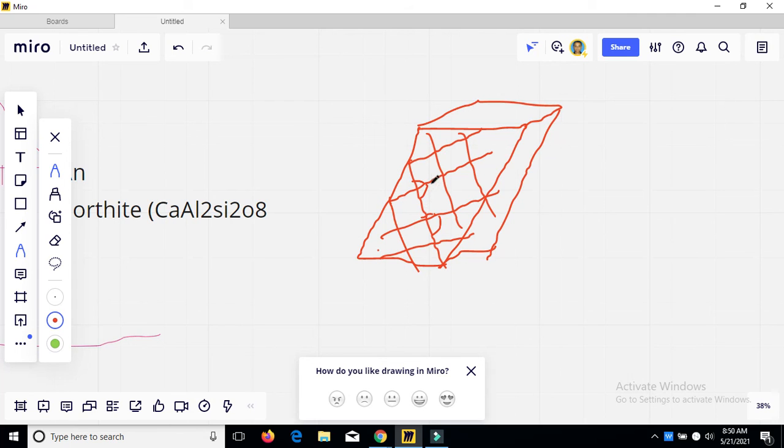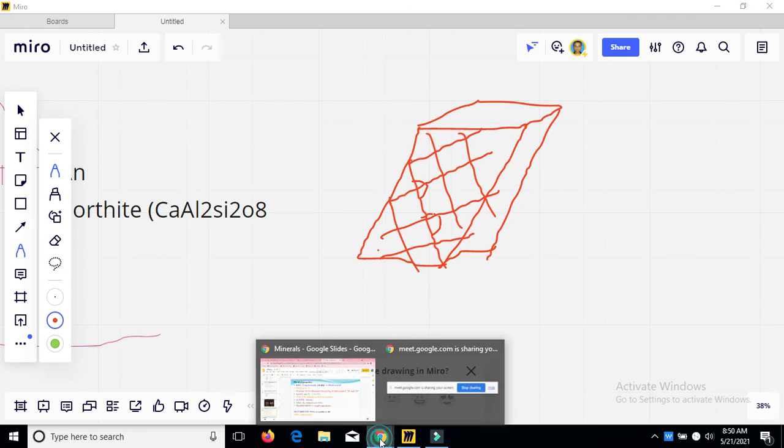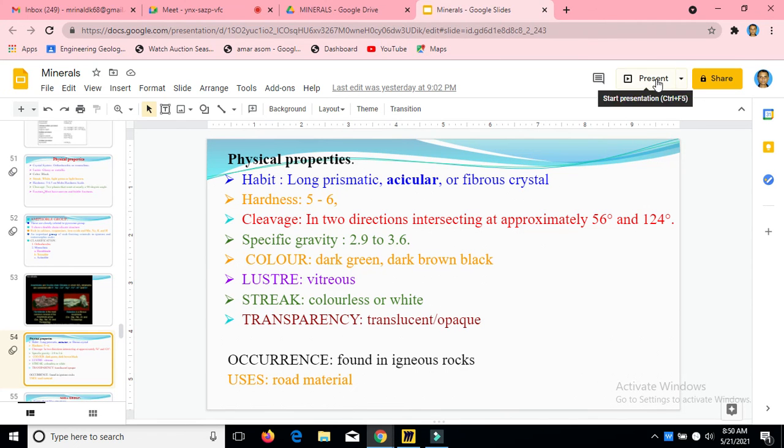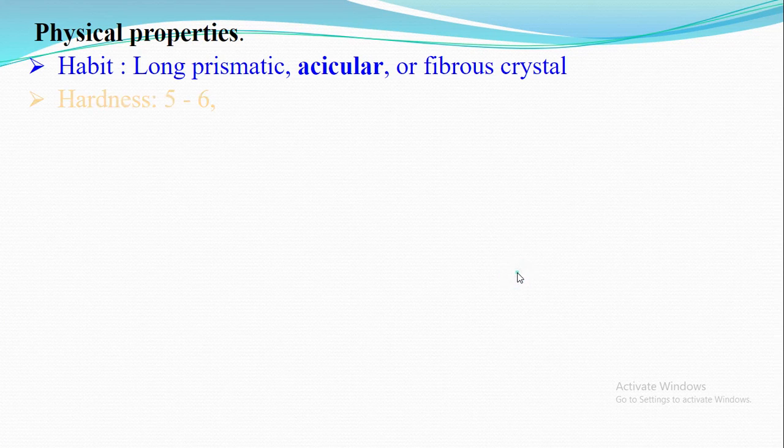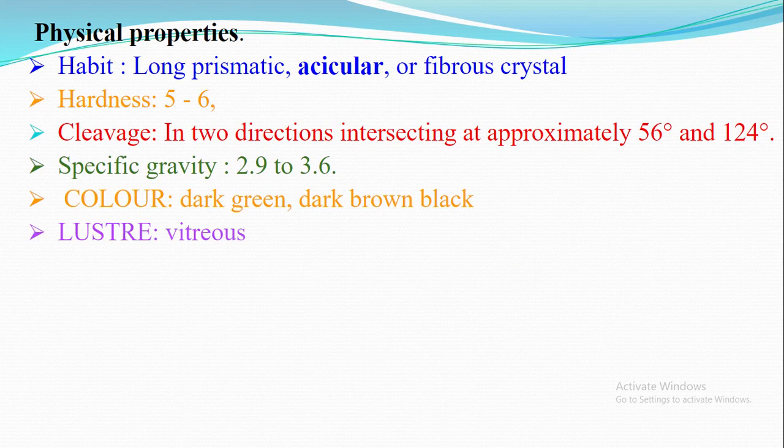This is the cleavage orientation. 56 and 124 degrees they will be oriented.